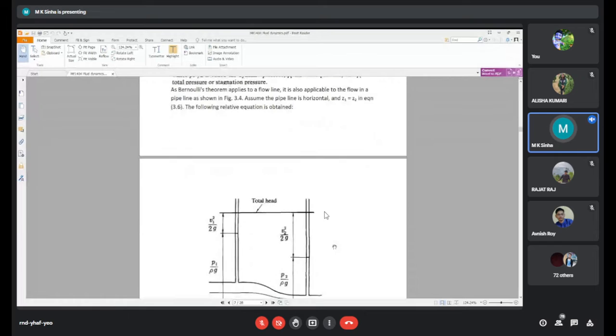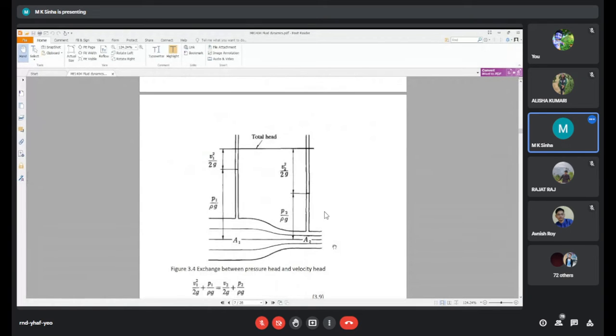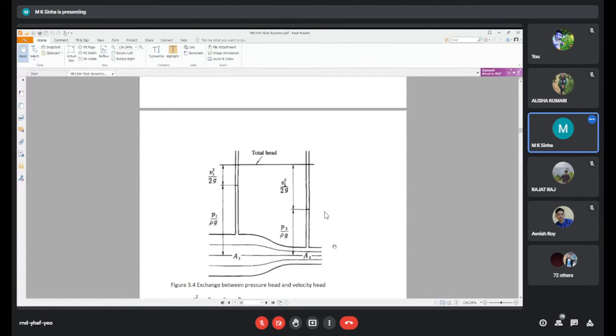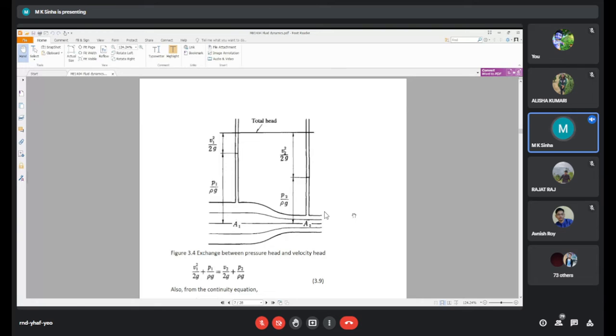Here, see a figure: flow through a converging system. A1 is the larger area and A2 is the smaller area. So here, pressure head plus kinetic head, because the streamline is at the same head, the streamline is not changed.